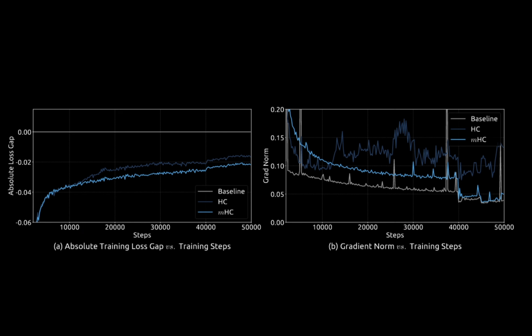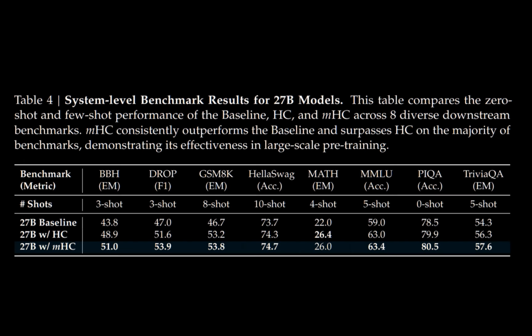Then they compared the gradient norm, which as you can see, the baseline had these crazy jumps, and HC was completely unstable, going everywhere. But mHC performed very well, and it was decreasing very smoothly, not vanishing, not exploding, and that's exactly what we wanted.